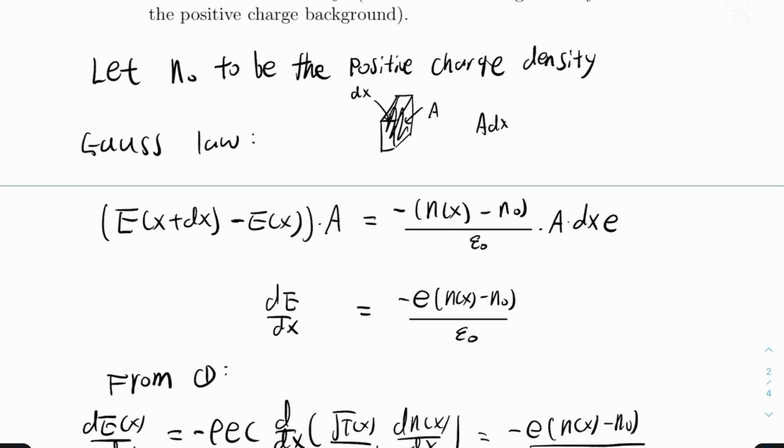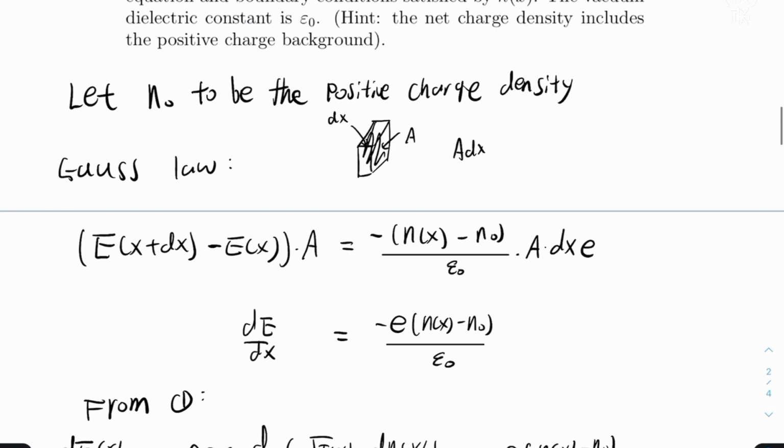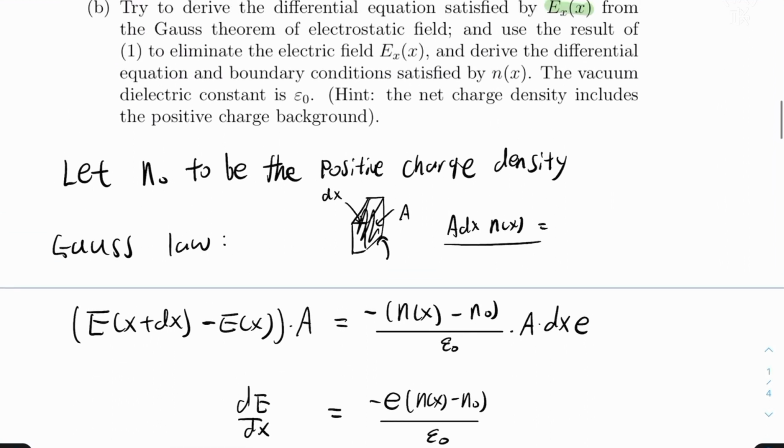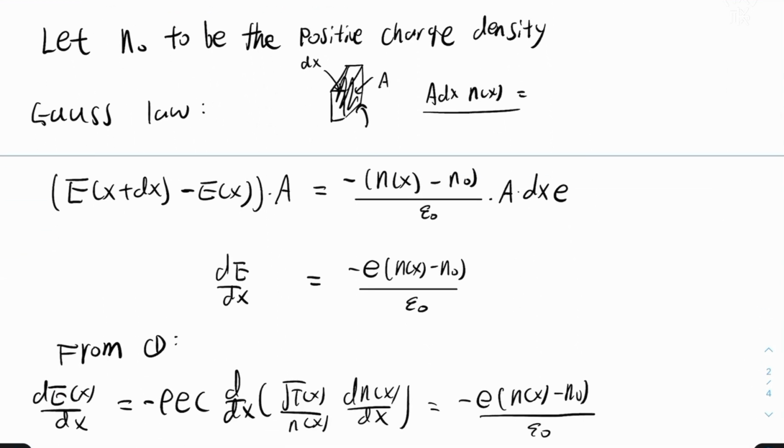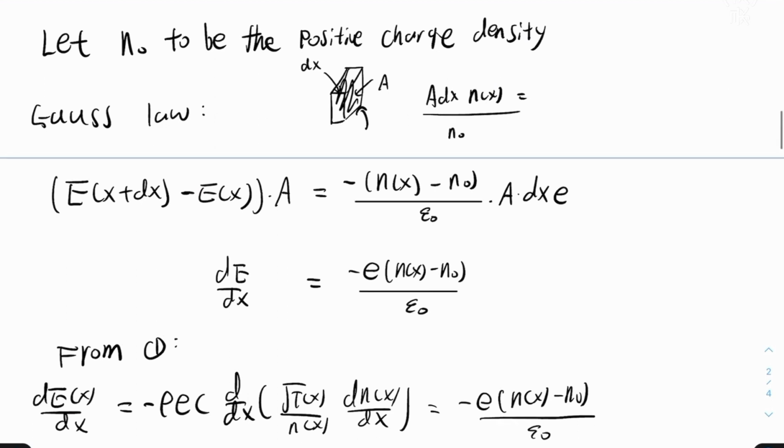And if you times it by the number density nx, that is basically the total electrons inside this volume. But you need to keep in mind that there's a positive charge background. So that means the positive charge has number density of n0, right?